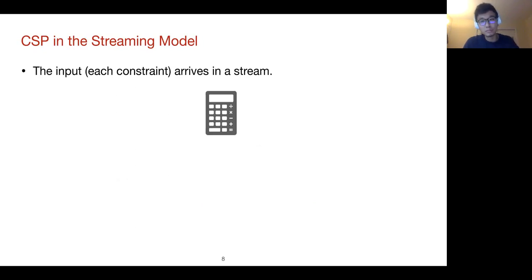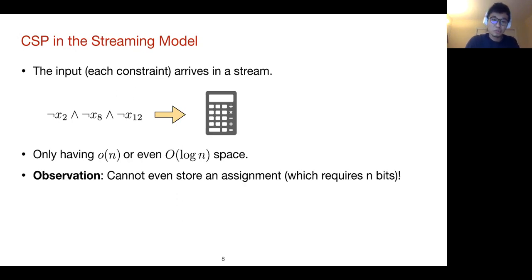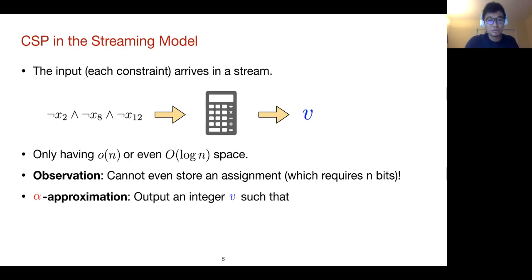For example, you have a limited machine and constraints arrive in the stream. In the end, you only have sublinear, or even you should think of it as logarithmic space. So you cannot even store an assignment because an assignment requires n bits at least. So the goal is only to output the optimal value of the input instance.